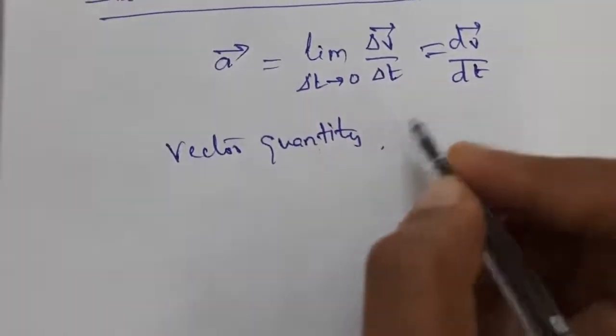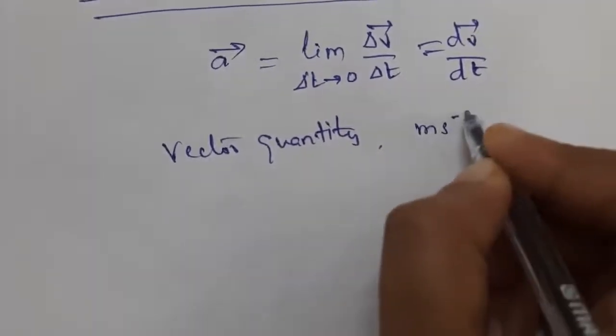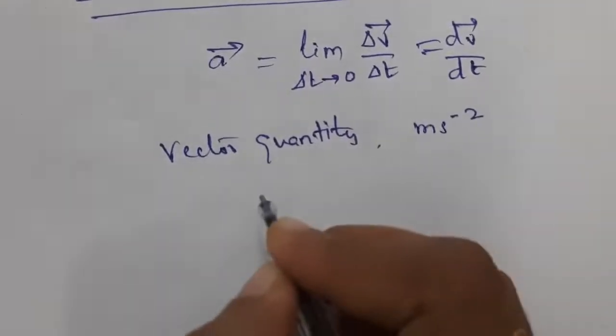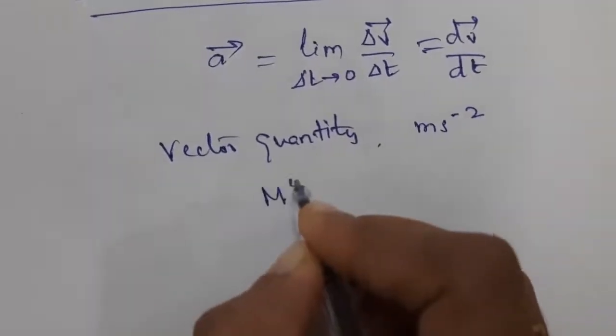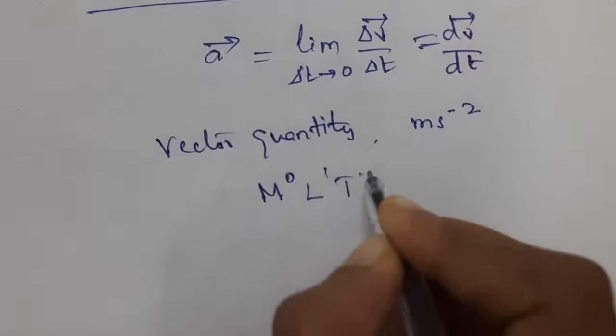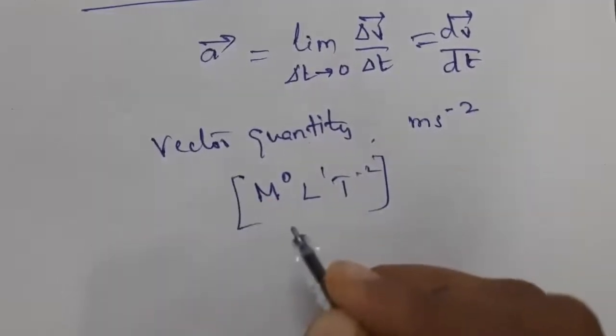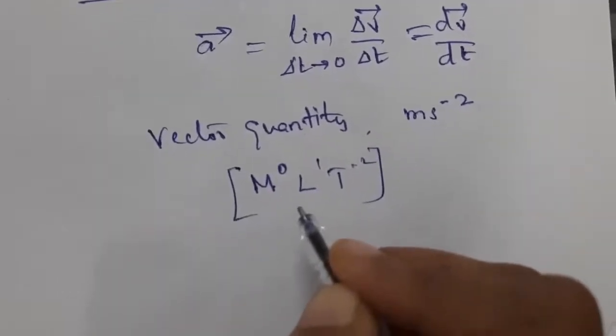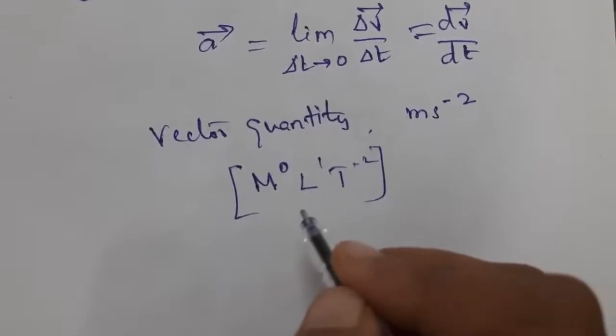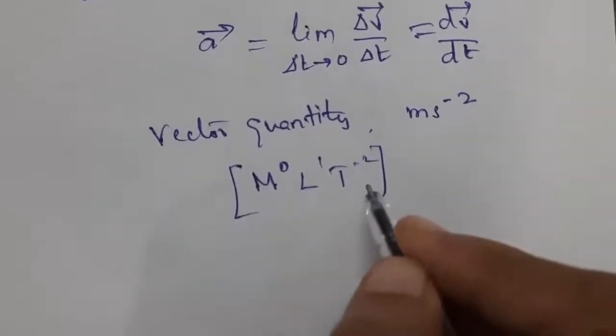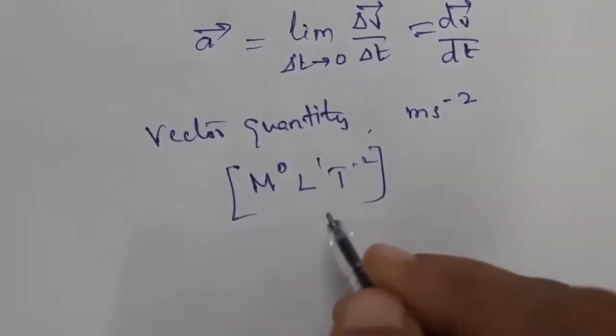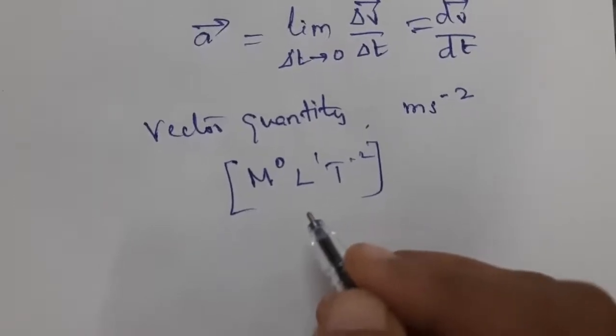What is the unit of acceleration? Meter per second squared, meter second raised to minus 2. What is the dimensional formula? M power 0, L power 1, T power minus 2. Acceleration is positive if the velocity is increasing, and it is negative if the velocity is decreasing.